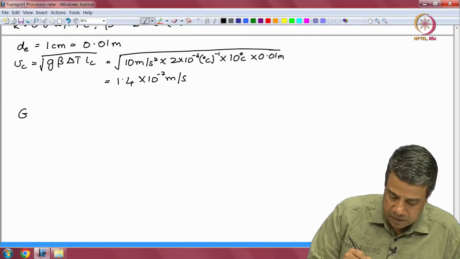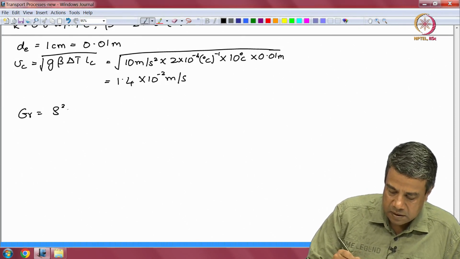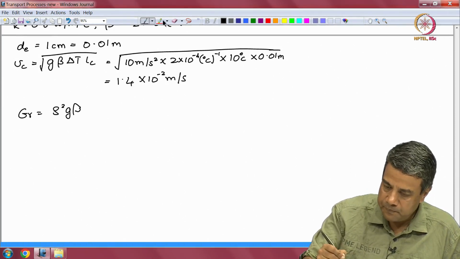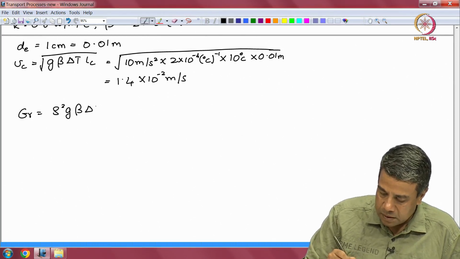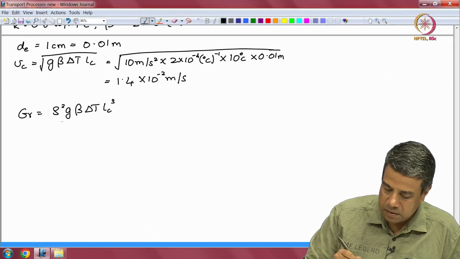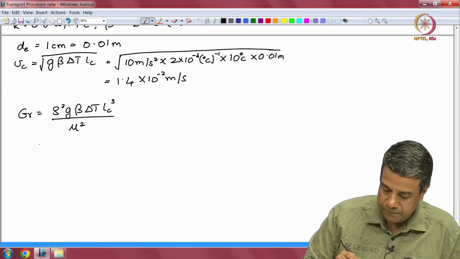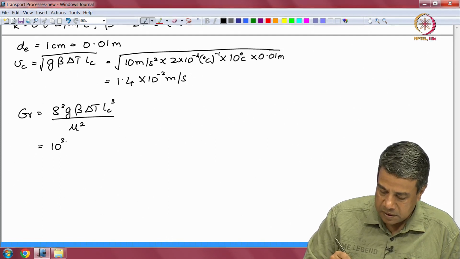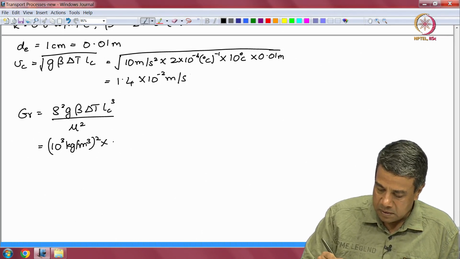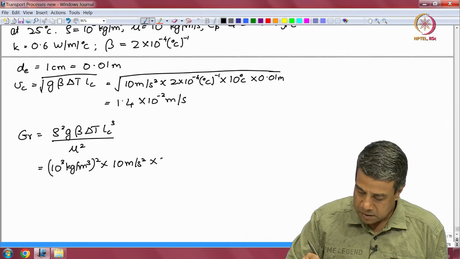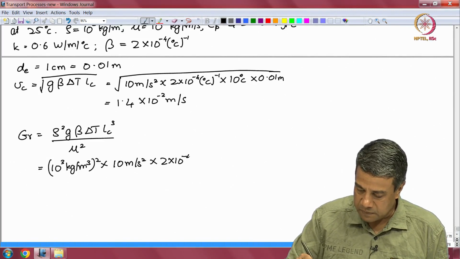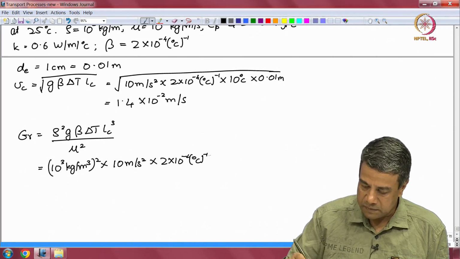The Grashof number is equal to rho squared g beta delta T Lc cubed, which is 10 power 3 kg per meter cubed, the whole squared, into g, which is 10 meters per second squared. Beta is 2 into 10 power minus 4 degrees centigrade inverse.